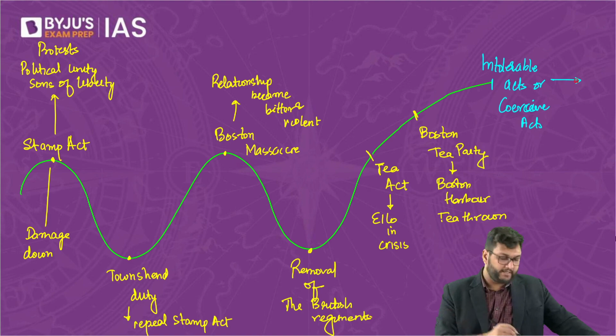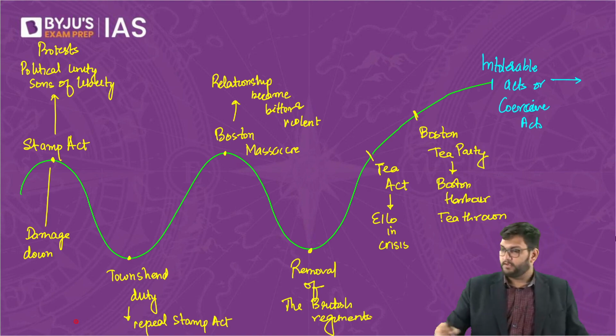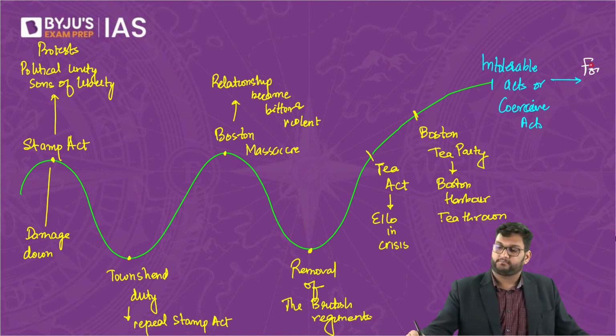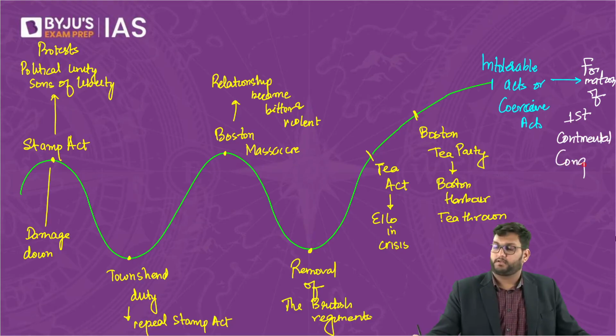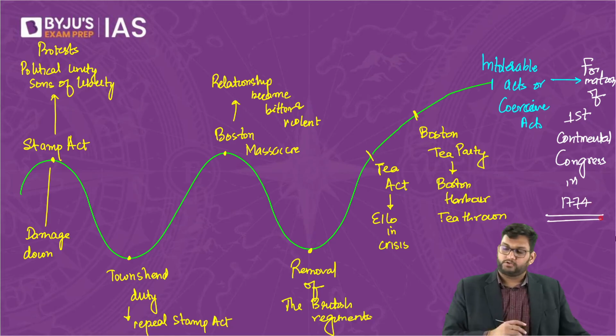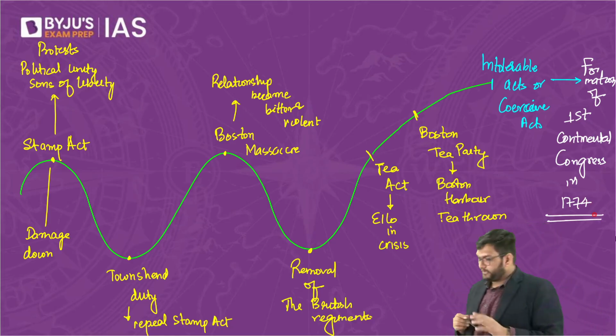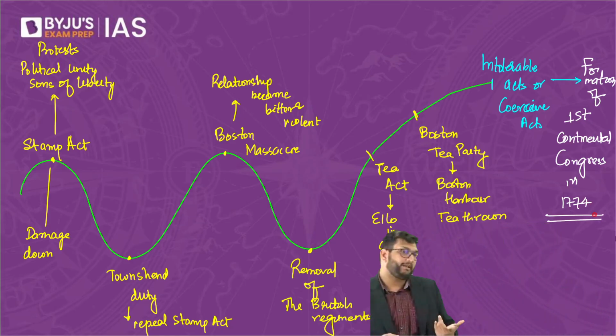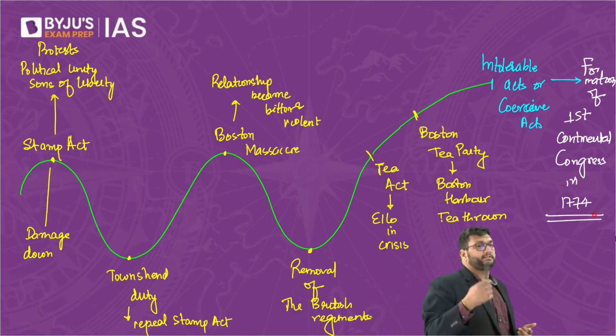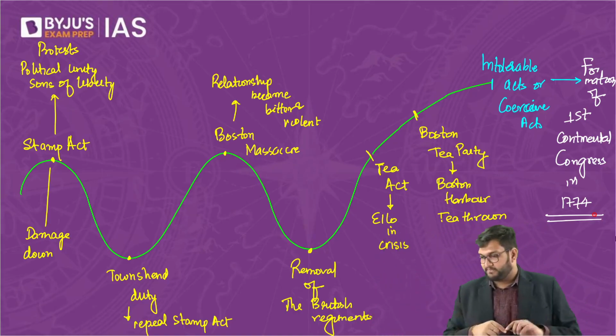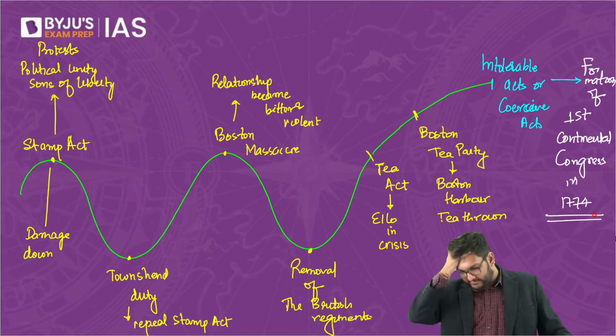And this will in turn lead to the formation of First Continental Congress in 1774. So if you understand the basic point now, can I tell you the Intolerable Acts? Can I tell you First Continental, Second Continental, and end American Revolution? Yes?